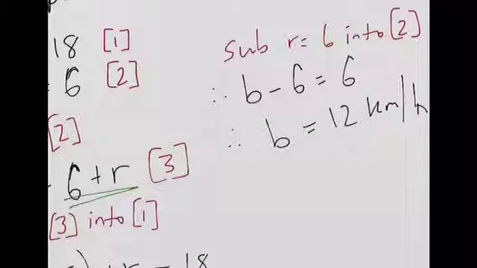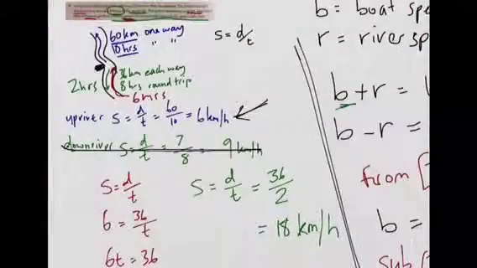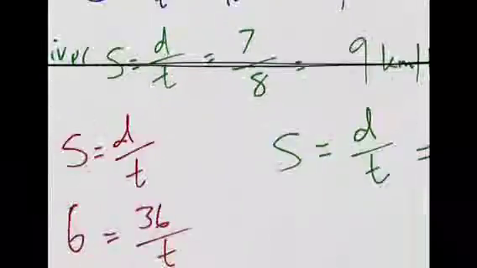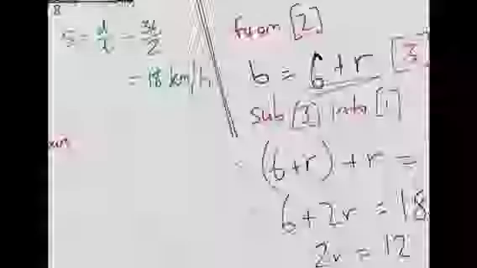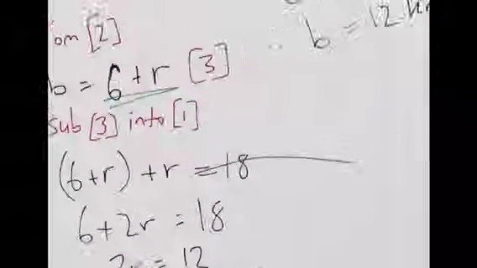So, what did that mean? The boat speed is 12 kilometers per hour, the river speed is 6 kilometers per hour. What was that question? Find the speed of the boat in still water and the speed of the river. So we can answer our question in words. Let's find a blank space to answer that.